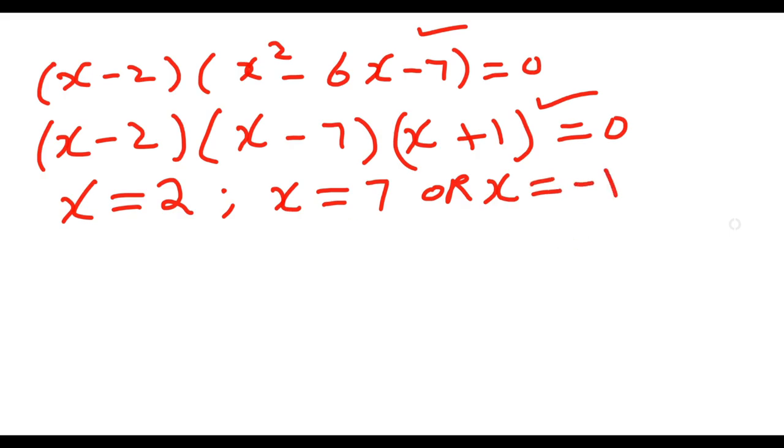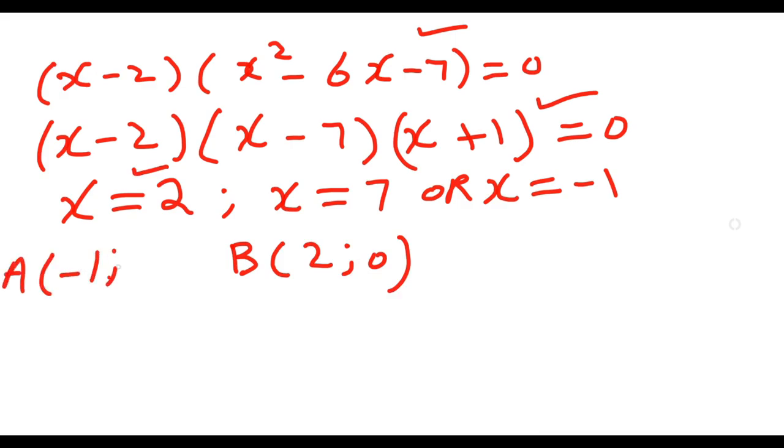So I've got 3 x-intercepts. The B we already know is (2; 0). A lies in the negative section, so A is (negative 1; 0), and C lies further from B, so C is (7; 0).